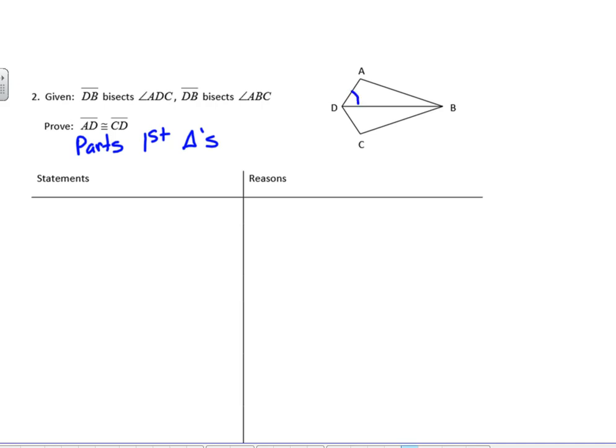So this angle and this angle would be congruent, and DB bisects the other one, so this angle and this angle would be congruent. And then for free, we've got the reflexive property. So the triangles we're going to get by angle side angle. Again, the vertexes of the angle are the endpoints of the segment that is included. And then the parts we're going to get by CPCTC.